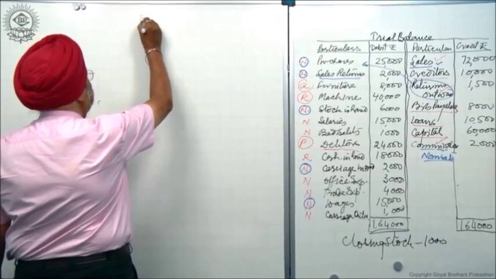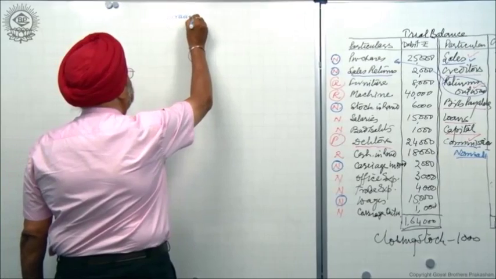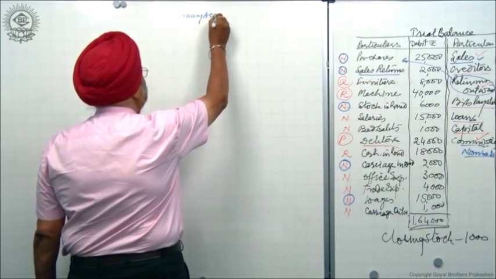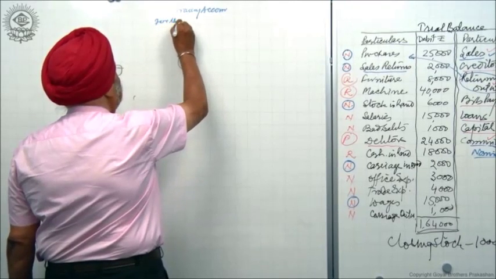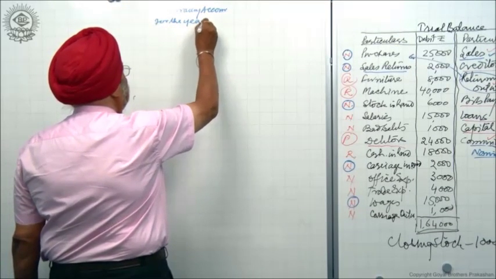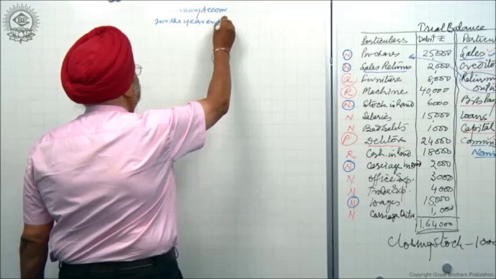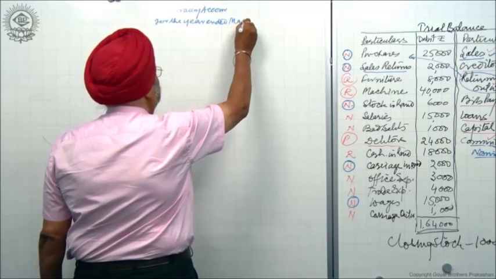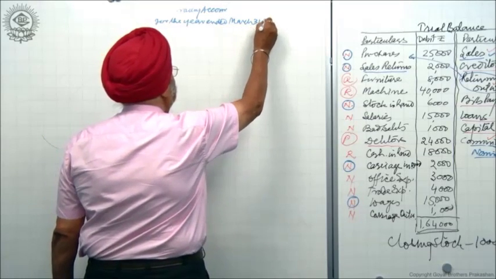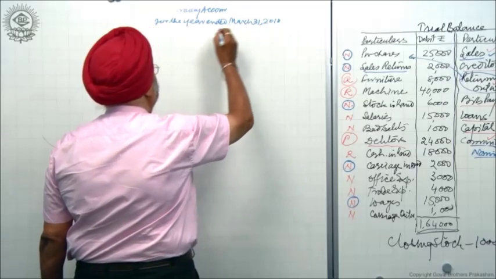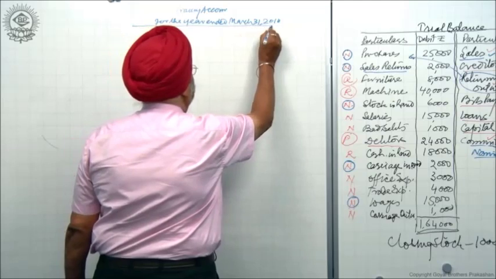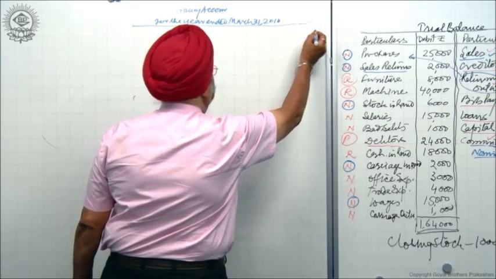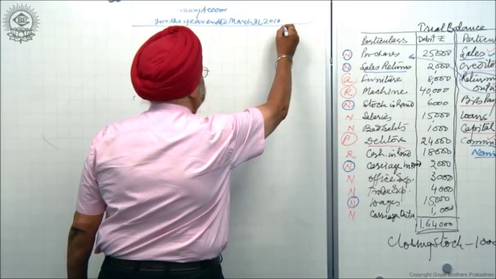We will write here trading account for the year ended March 31, 2014. This is my trading account. Okay? I will prepare the trading account like this.